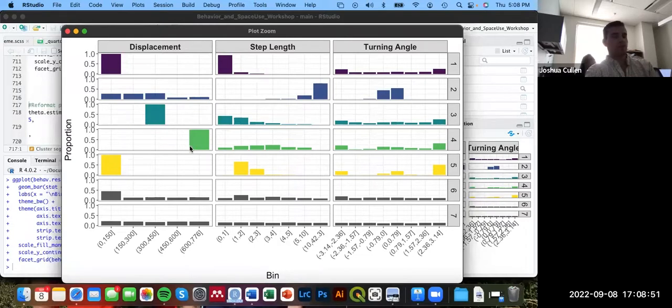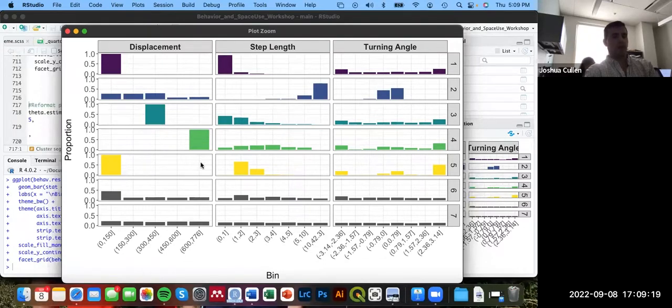And state 4 is displaced the furthest and has slightly different distribution of step lengths that are intermediate to states 1 and 2, but has the same distribution of turning angles as state 3. So ultimately, I think we can lump state 3 and 4 together and say these are foraging behaviors just at different distances from that initial breeding ground.